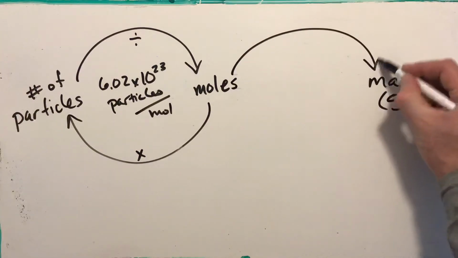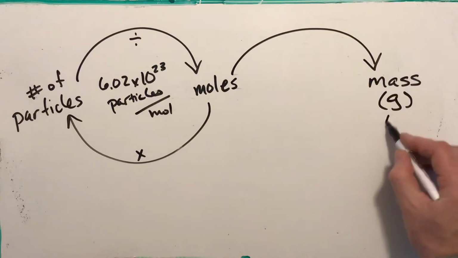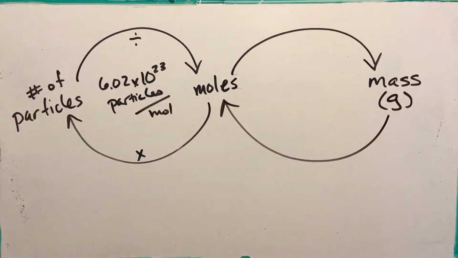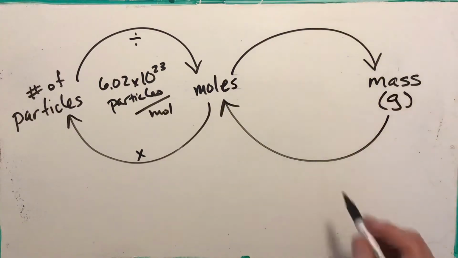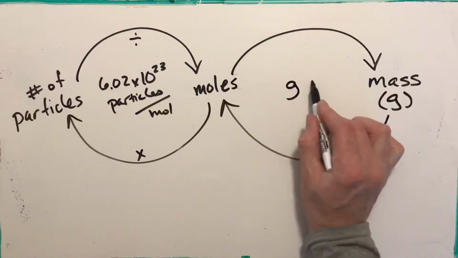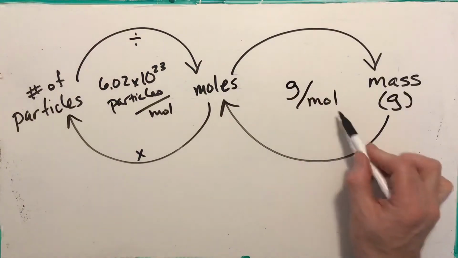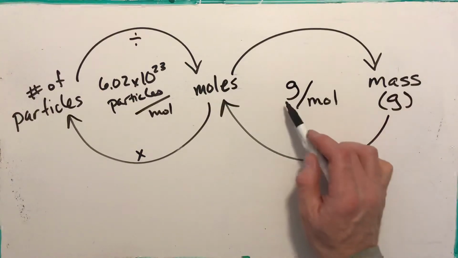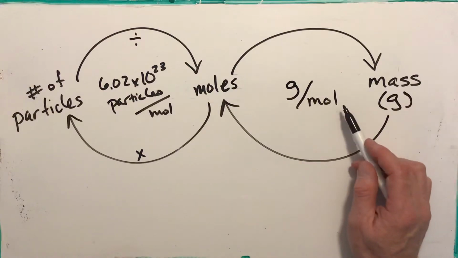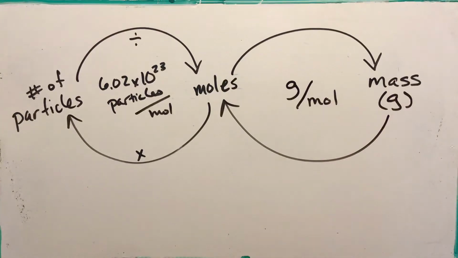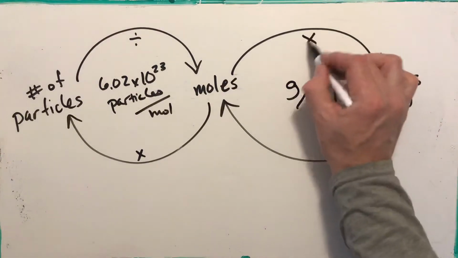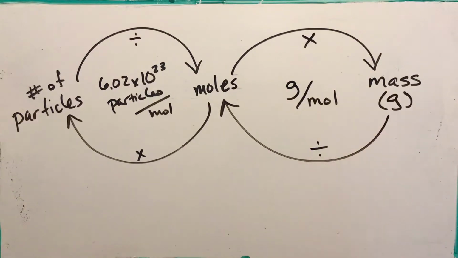So we were able to convert moles into mass, and of course take mass and convert it back into moles. And the conversion factor there was grams per mole, the molar mass: the number of grams it takes for 1 mole of a substance, if you put it on a scale, the number of grams that it would weigh. This was multiply and this was divide.